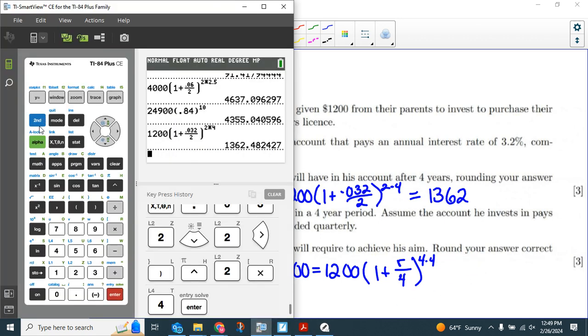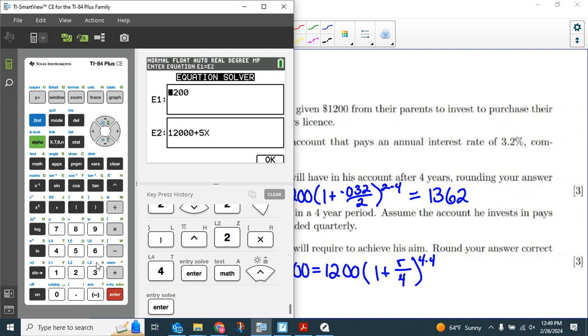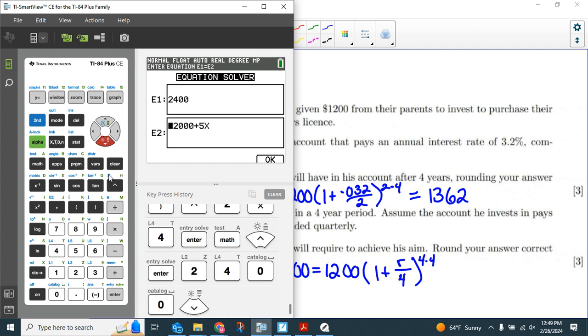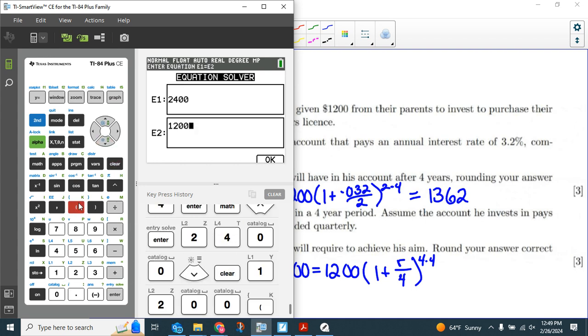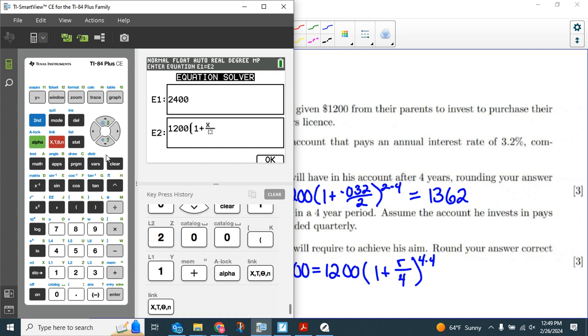All right, so again, I would probably use Solver here to make our life easy. So 2,400 and 1,200 times 1 plus x over 4. Again, you could just make that 400 if you wanted it to already be in a nice percent.